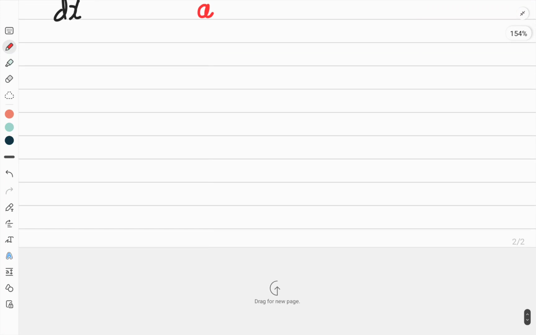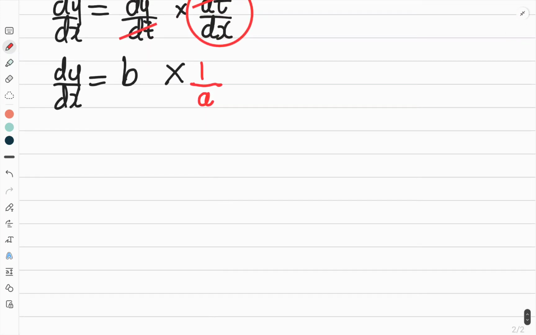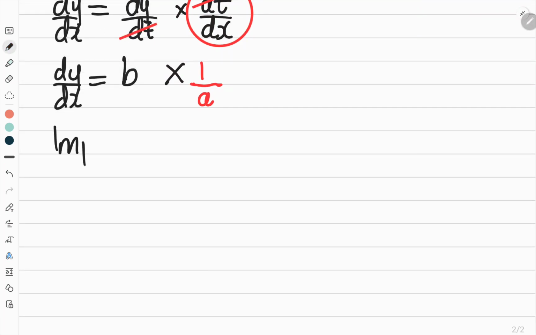Right, moving on, our syllabus also requires us to understand the implicit differentiation. So for your implicit differentiation, what are you going to do?